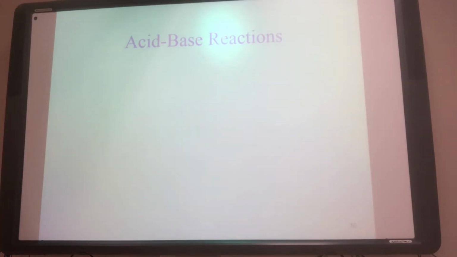about acid-base reactions. So acid-base reactions are also called neutralization reactions. And this is because the acid and base are going to neutralize each other's properties.